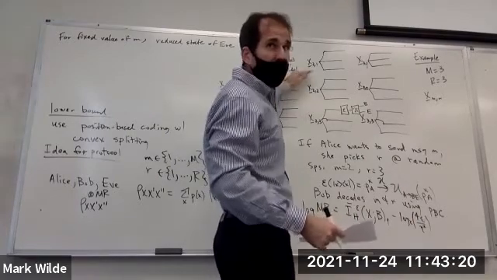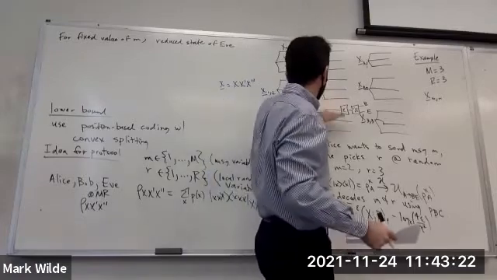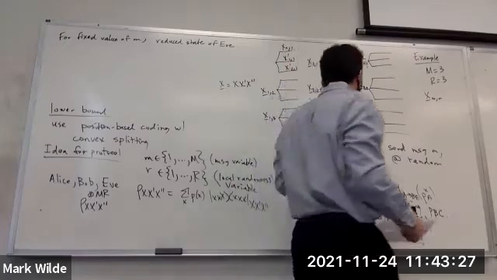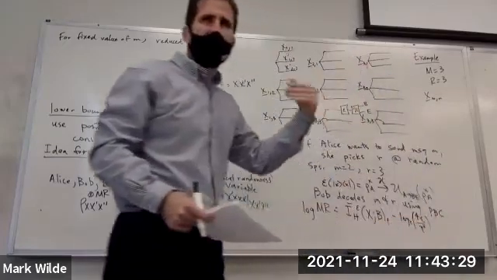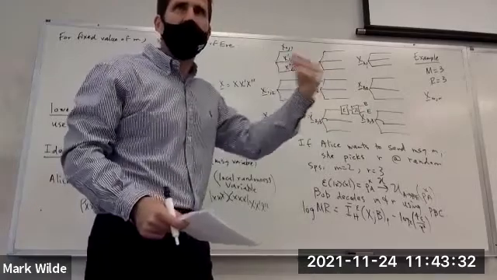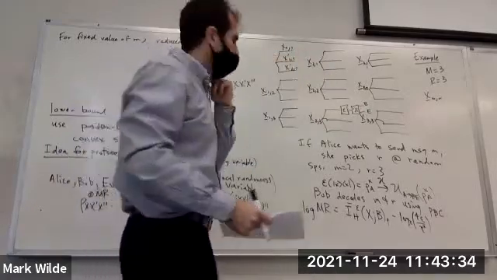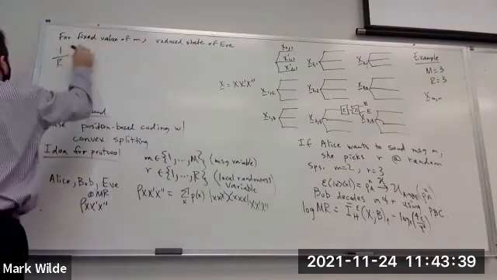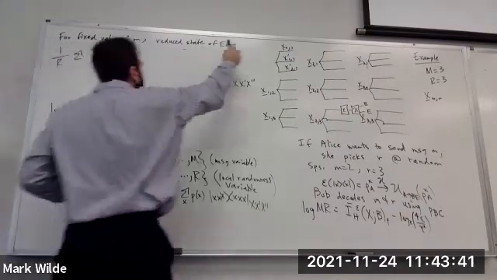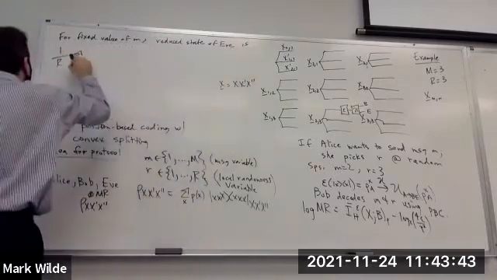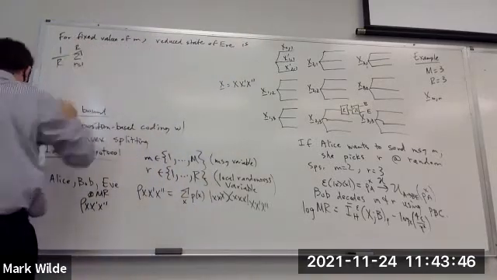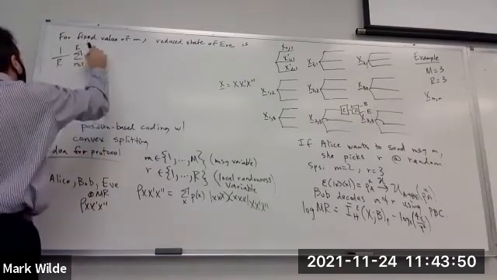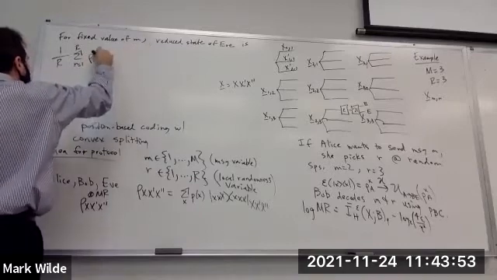Right? Eve has all the bottom wires with these shared randomness states, and this E system here. And R is chosen uniform at random. Okay, so the state will be mixed over the choice of R. All right, so that will be this. Eve has the double prime systems.